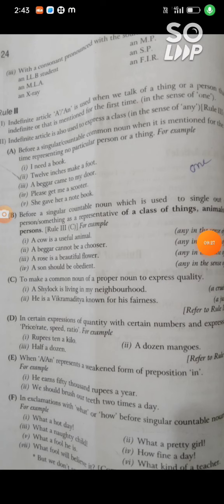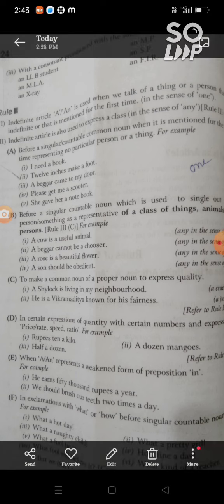One more example: consonants pronounced with the sound of a vowel. Take abbreviations, short forms: an LLB, an MP, an MLA, an MA. They are consonant letters, but we don't look at the letter, we look only at the pronunciation.